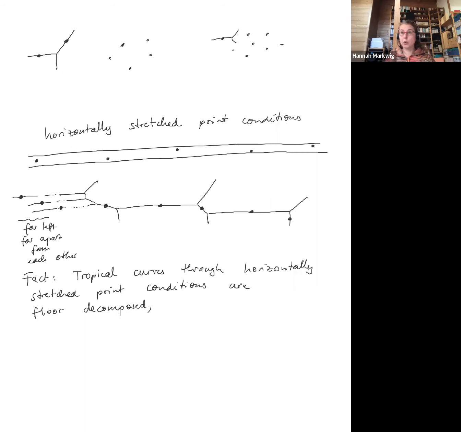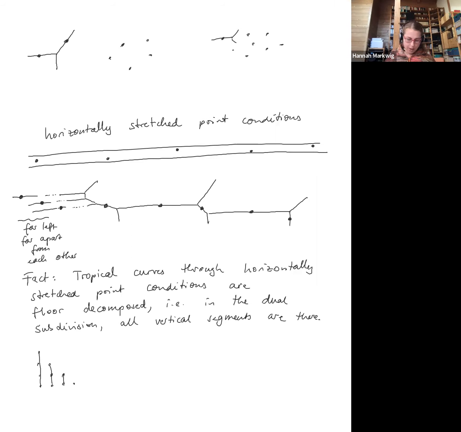And floor decomposed means in the dual subdivision, all vertical segments are there. So what do I mean by this? I mean, all those edges have to be there in the subdivision.